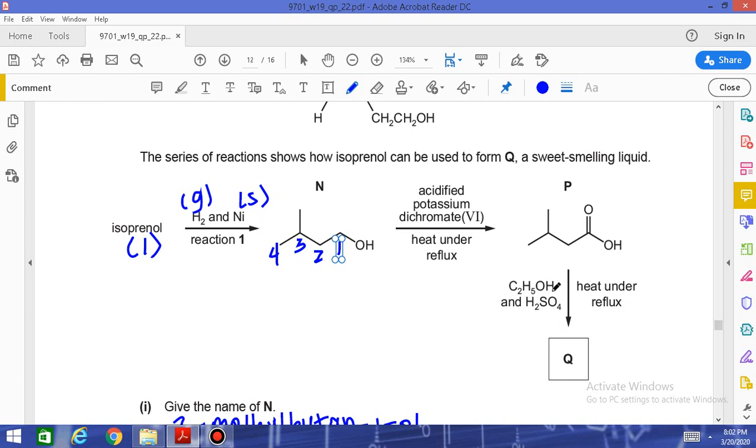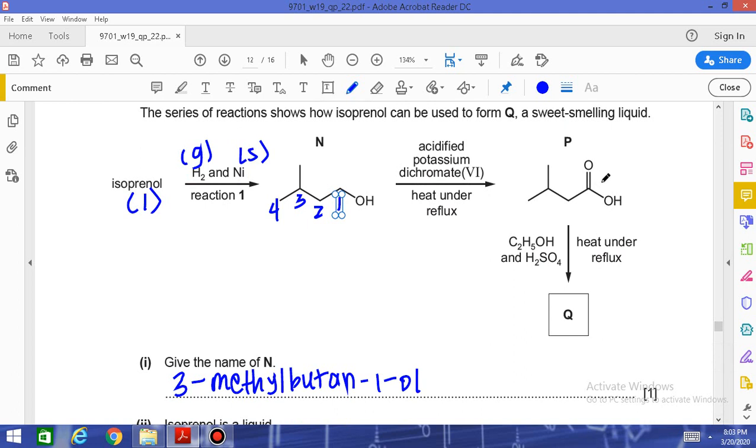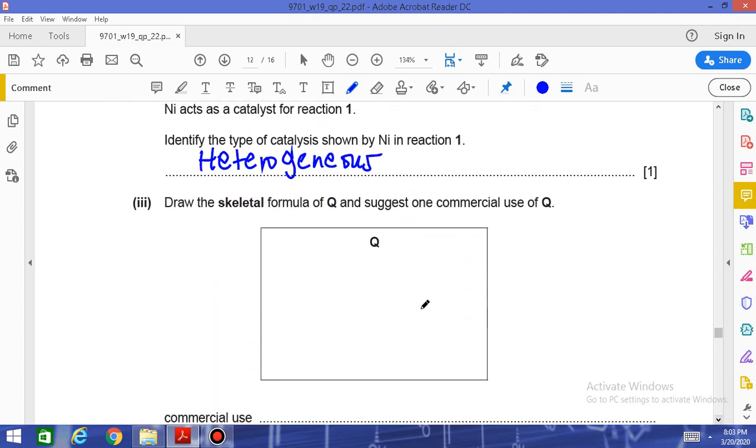Sulfuric acid is added as catalyst, and the other condition is heat under reflux. When carboxylic acid is reacted with alcohol, ester is produced. This is esterification, or formation of ester. So the ester produced is this one.